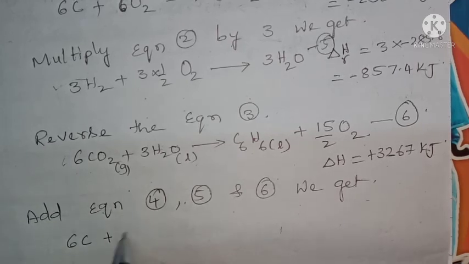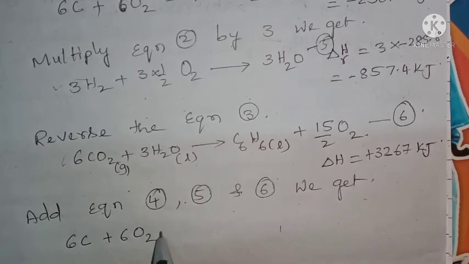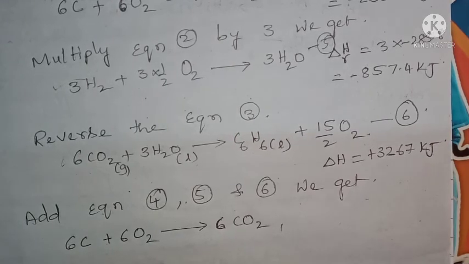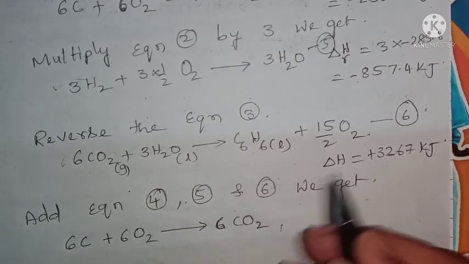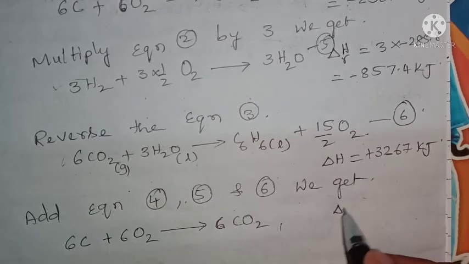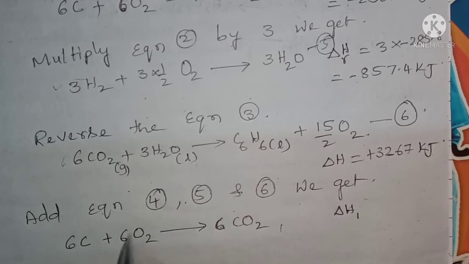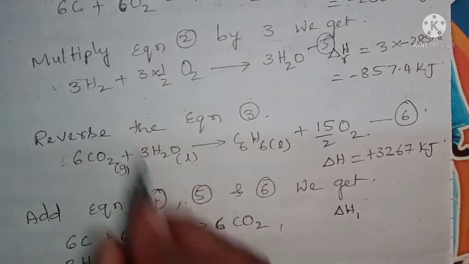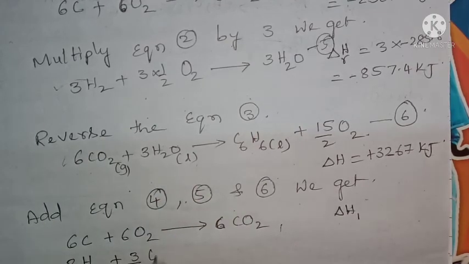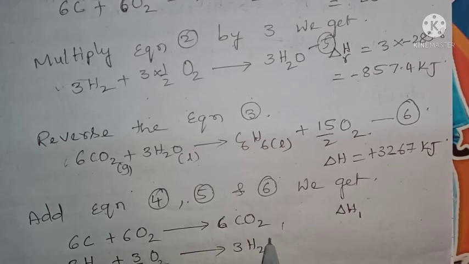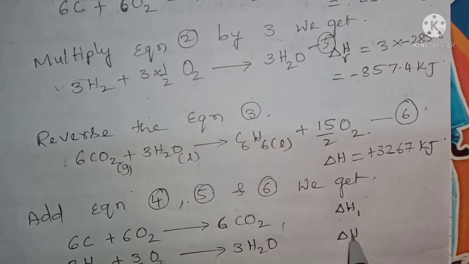We get 6C plus 6O2 gives 6CO2. Values we will count later. This is considered delta H1. Second, 3H2 plus 3 by 2 O2 gives 3H2O, here delta H2.